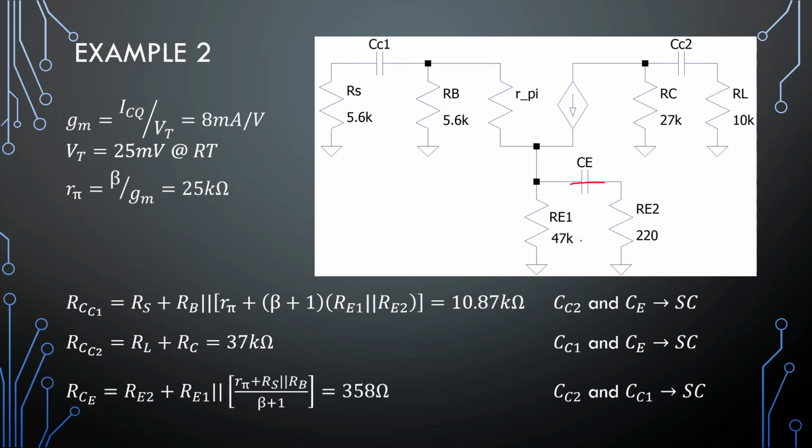So we will be seeing RE1 parallel with RE2 viewed through the transistor, so multiplied by beta plus 1. Add that to R pi, and this will all be in parallel with RB. Okay, so we will have RS plus this whole thing right here.